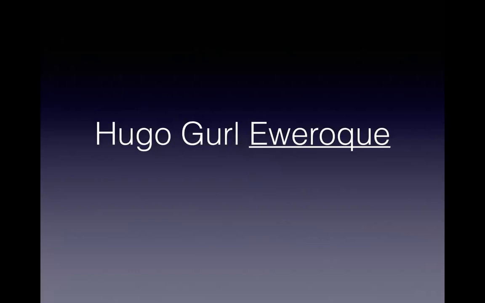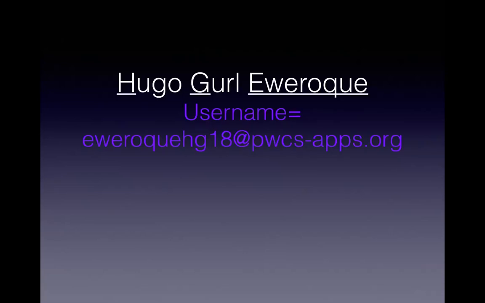So here we go. You Rock, your last name, is going to be the first part of your username. Immediately after You Rock will be the first letter of your first name, in this case H, followed by the first letter of your middle name, in this case G. Then that will be followed by the number 18, which is the year that we anticipate you will graduate from high school.